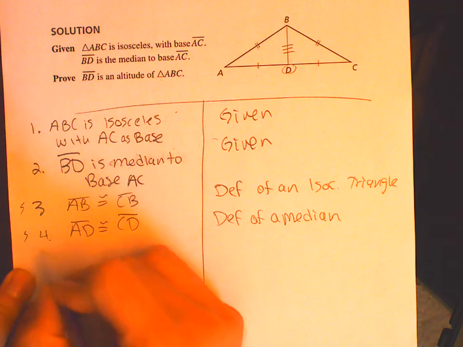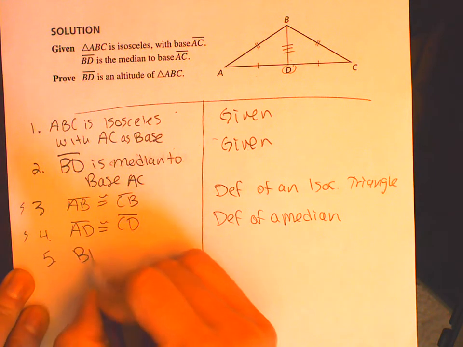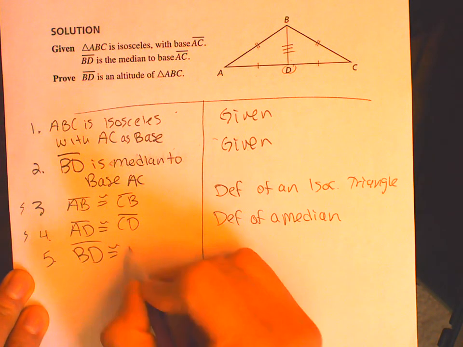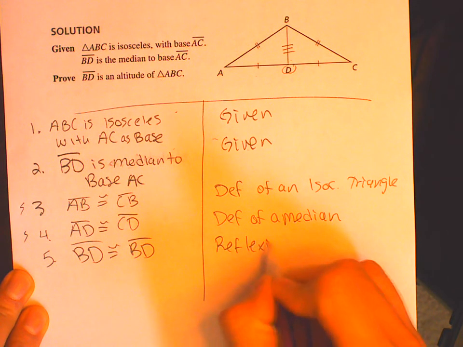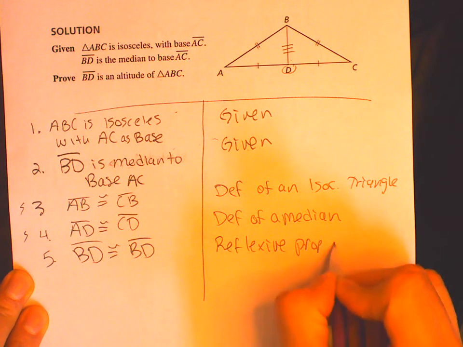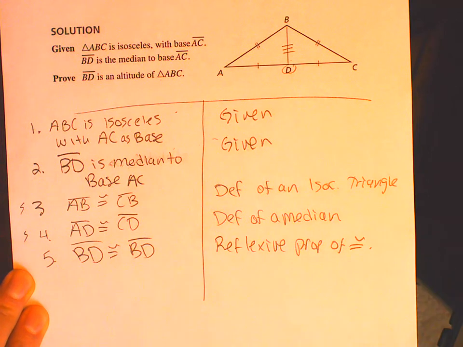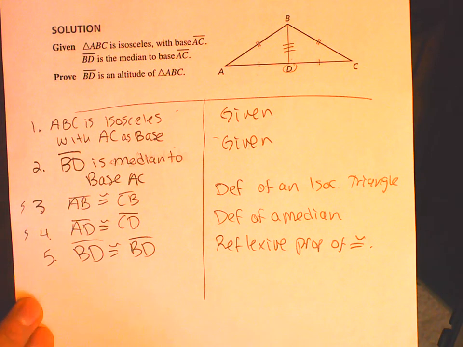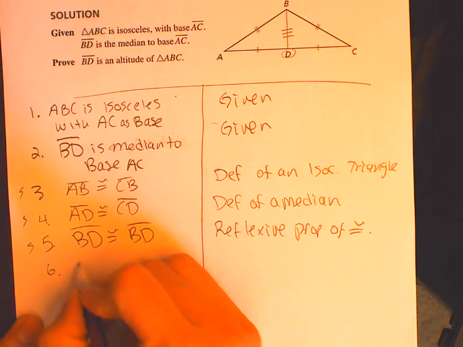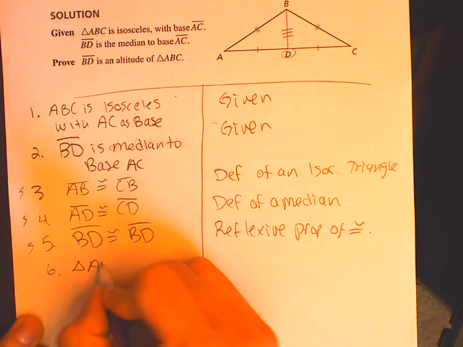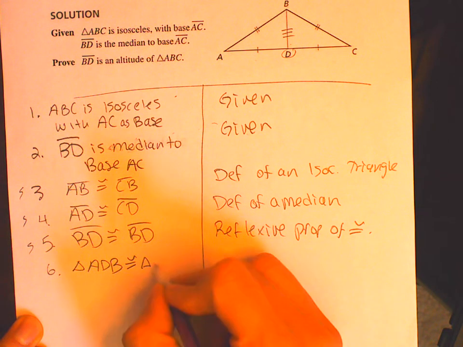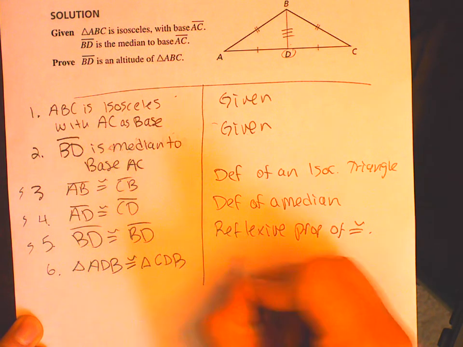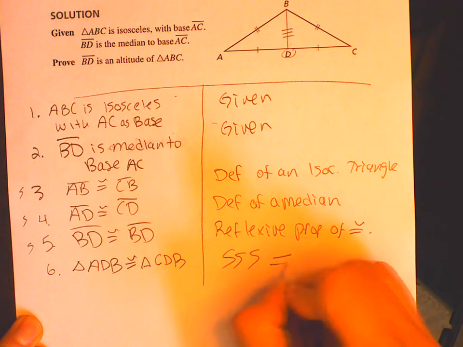BD is congruent to itself, because of the reflexive property of congruence. Here's your other side, which means the triangles are congruent. Triangle ADB is congruent to triangle CDB by the side-side-side congruence theorem.